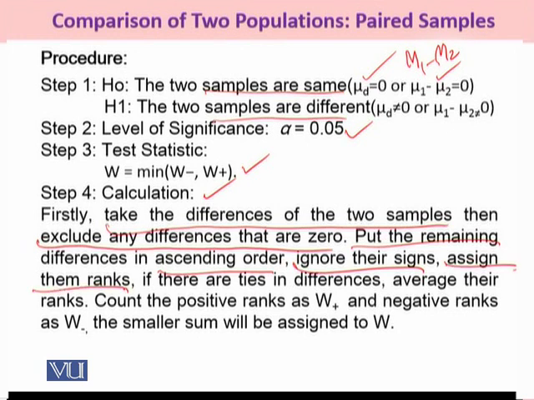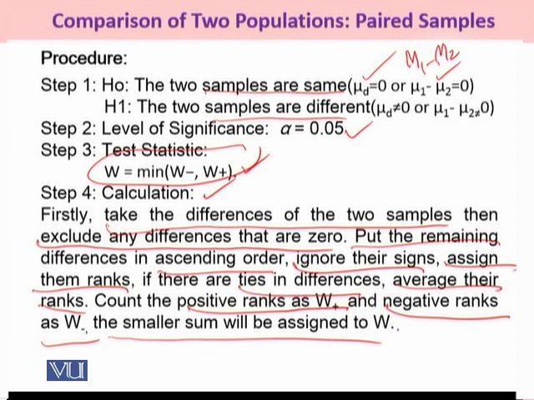If there are ties in the differences, average their ranks. Count the positive ranks as W plus and the negative ranks as W minus. In order to calculate W, you pick the minimum of the two, so the smaller sum is assigned to W.